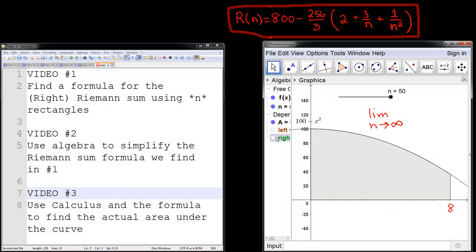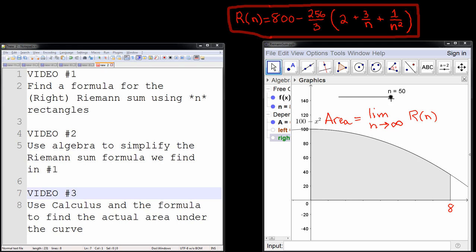The actual area under the curve will be equal to the limit as n goes to infinity of our right-hand Riemann sum. We've got this formula: if you tell me how many rectangles to use, this formula tells you the area under all the rectangles.